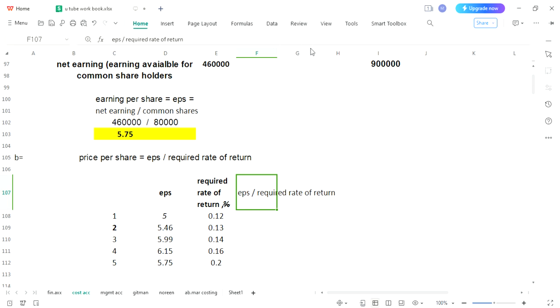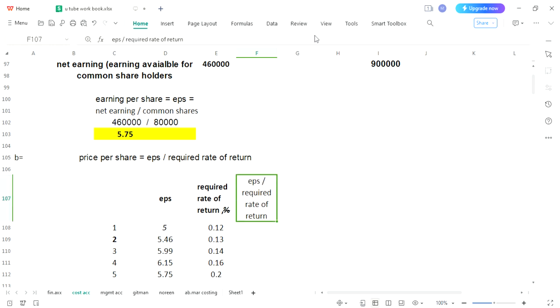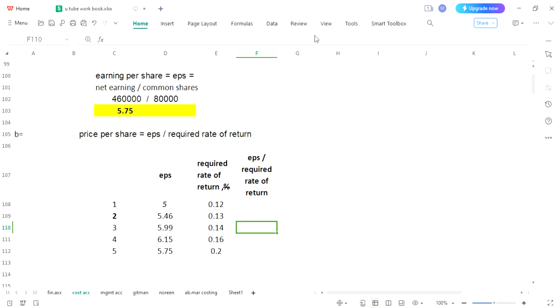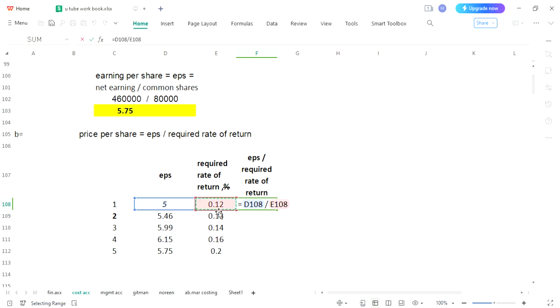The matter is now becoming very simple, because every piece of information has been written accordingly. EPS would be divided by required rate of return. So the first EPS was 5, and it is divided by required rate of return, that was 12%. We have got our first price per share.